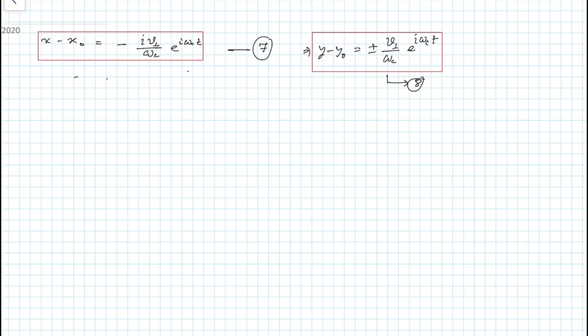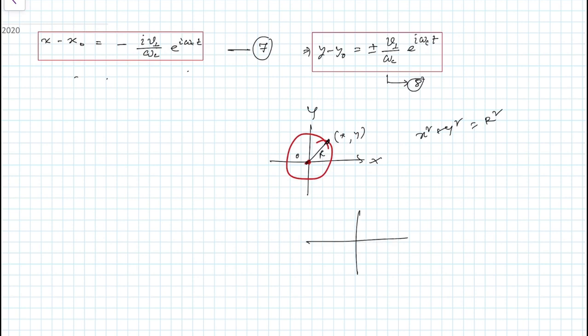Now what we are going to do, you see, we know the equation of a circle. Suppose this is the x-axis, this is the y-axis. If the center is here, this is a circle, and there is a point x comma y on the circle. If r is the radius, then its equation is x square plus y square is equal to r square, if the center is at the origin.